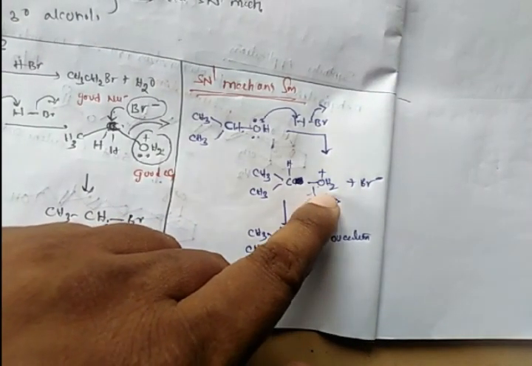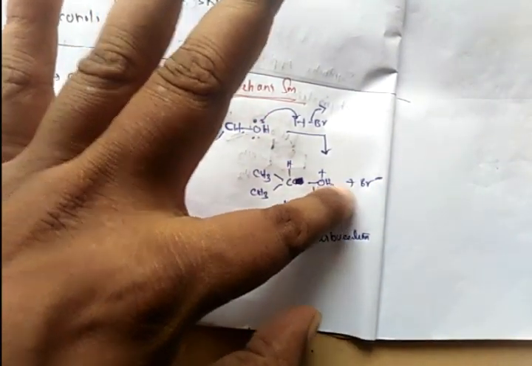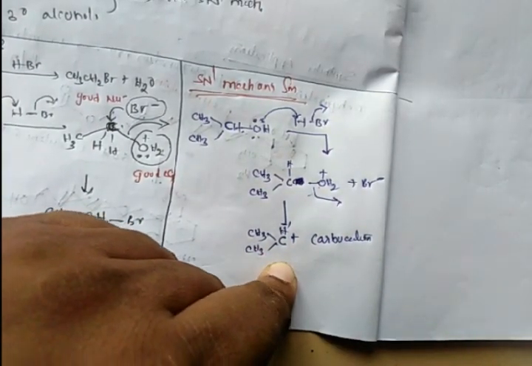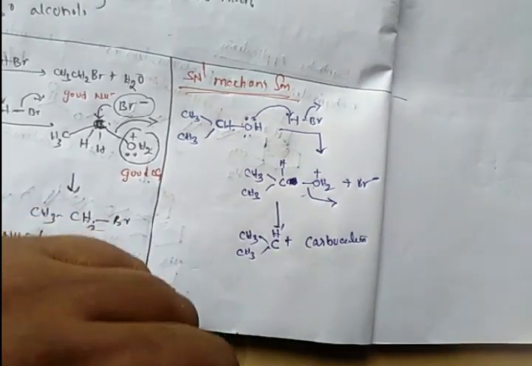In the secondary carbon, when it is attached with a good leaving group like this water molecule, secondary carbocation formation is favorable. So the OH2 group leaves away from this carbon atom and forms a secondary carbocation.